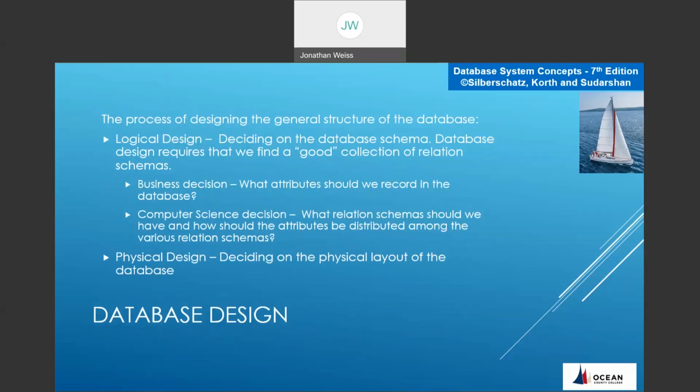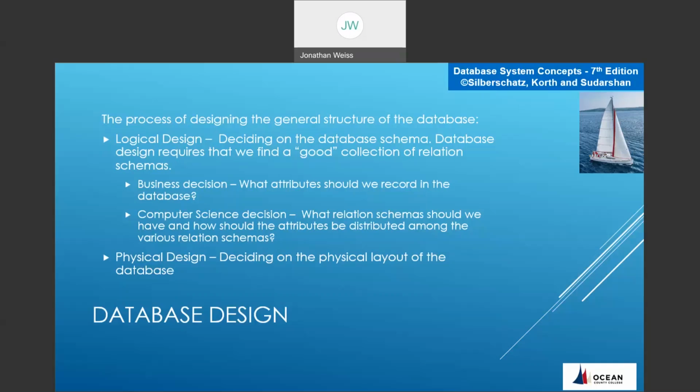Okay. So this is how our publisher identifies the database design process. You have to decide on what the database layout is going to look like. How are you going to lay out the relations and fields and attributes of your database? That's the logical design. What data do you need?